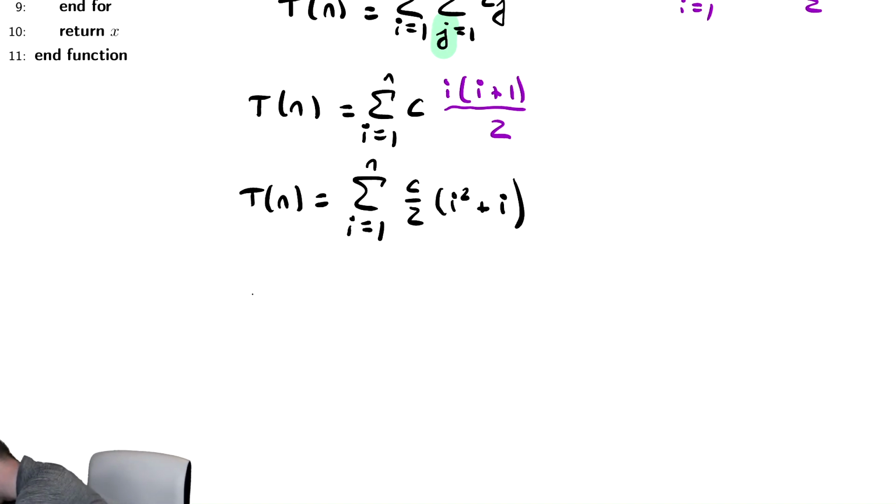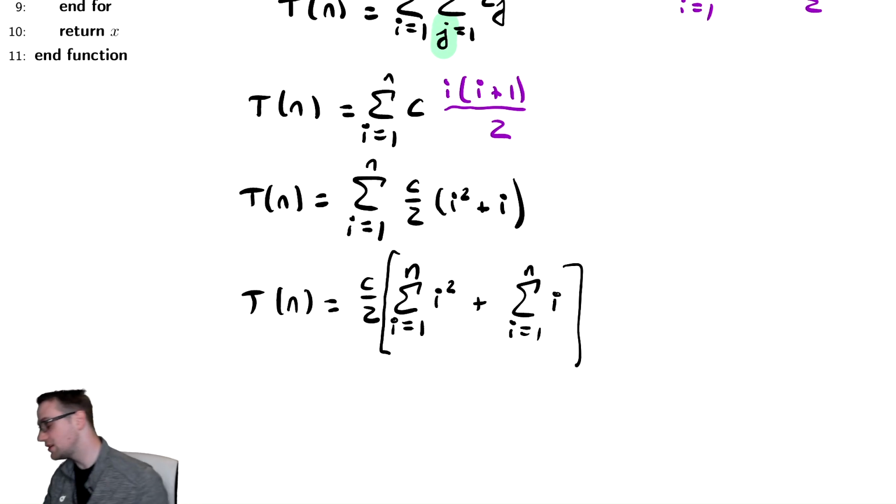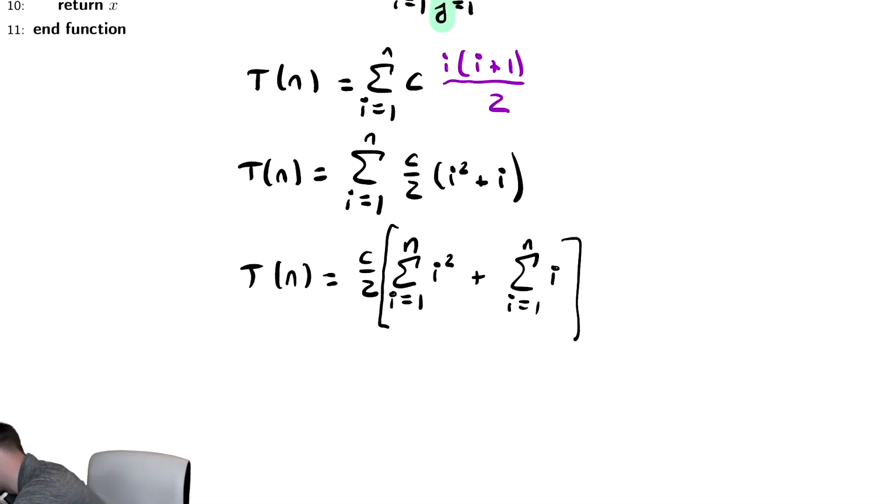Let's factor out the c over 2 and write this as c over 2 times the sum from i equals 1 to n of i squared, and then we're going to distribute the summation, so I'm going to add a bracket here to symbolize that. We also have a sum from 1 to n of i. And just as we did with the j summation, let's write off to the side the formula we might need, just so we can have it there for you.